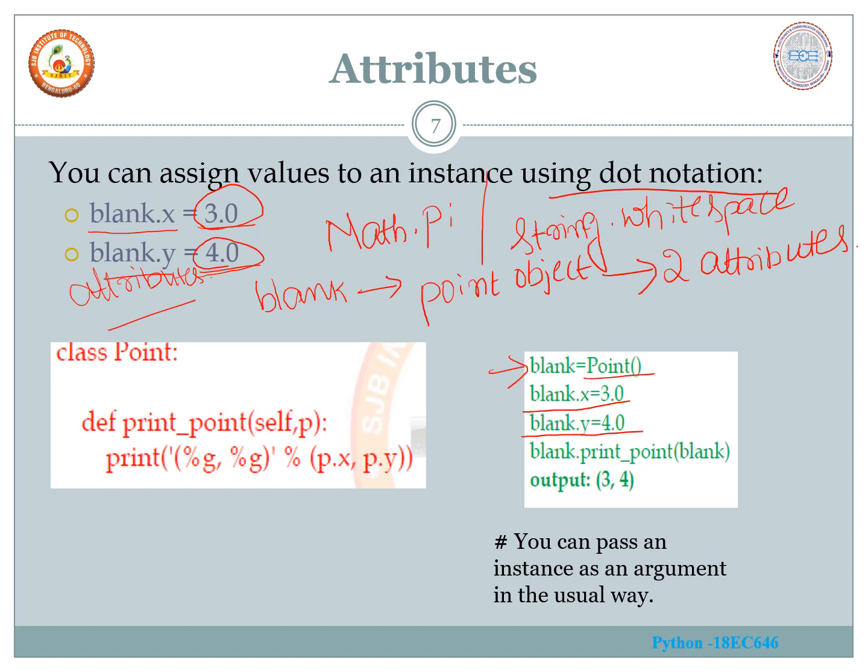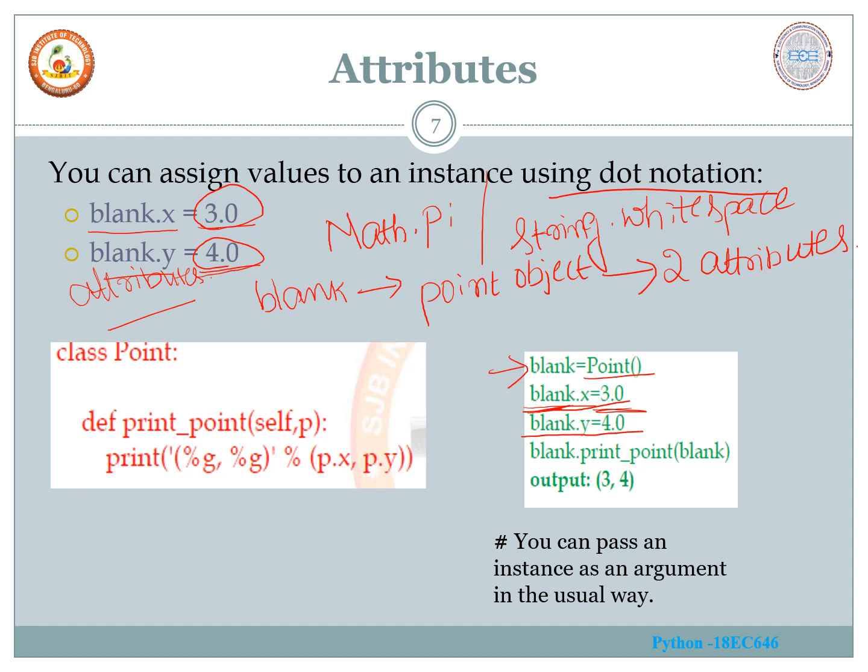And the expression blank dot x, what does it mean? It means you go to that specific object blank, which refers to a point object, and get the value of x.